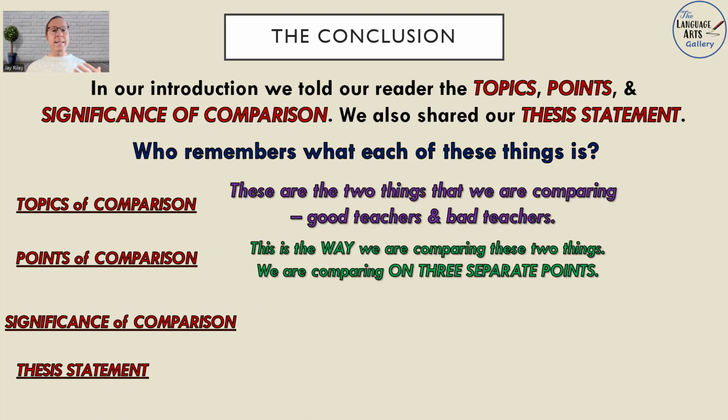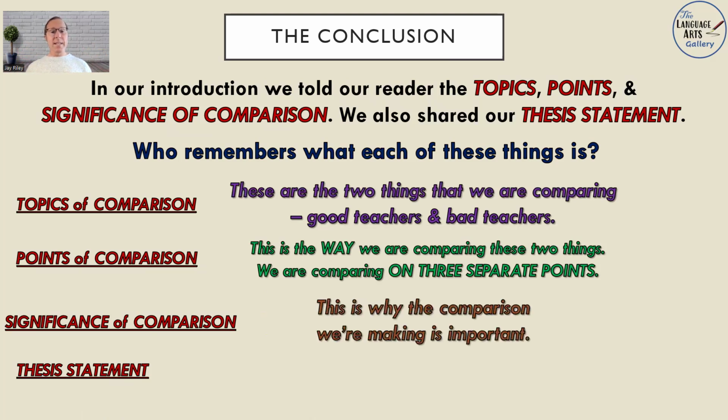These are the ways in which we're comparing these 2 things. Now, each point of comparison, I said, gets its own body paragraph. We want to tell our audience the significance of comparison. In other words, why are we writing this? Why is this comparison important? Our audience needs to understand why they're reading this essay.